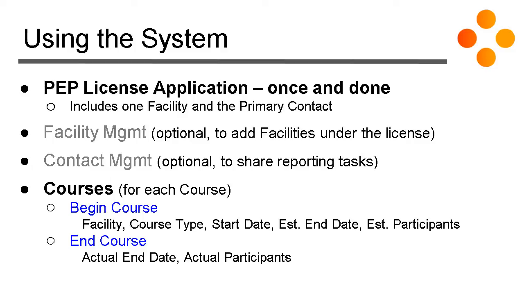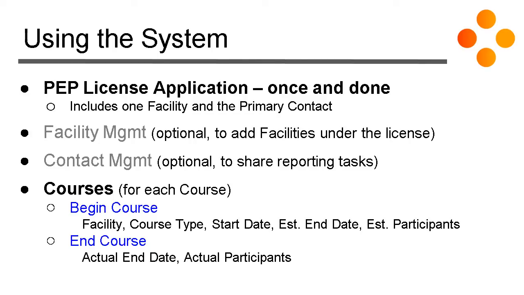If you use more facilities, you can set up new facilities at any time, and licensees that offer many courses in many facilities may add additional contacts in order to share the administrative and reporting tasks.